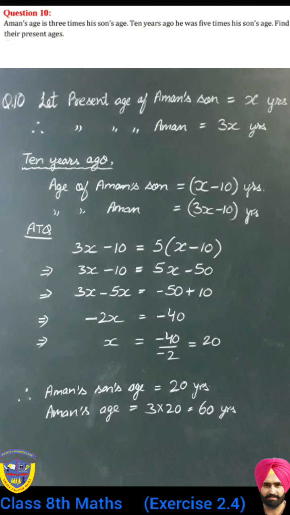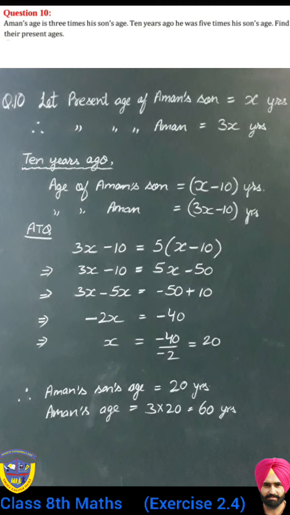Now next, solve this equation. 5 into x, 5x, 5 into minus 10 you will get minus 50. Next line, transpose 5x to the left hand side and minus 10 to the right hand side. You will get 3x minus 5x is equal to minus 50 plus 10. 3x minus 5x you will get minus 2x is equal to minus 40.